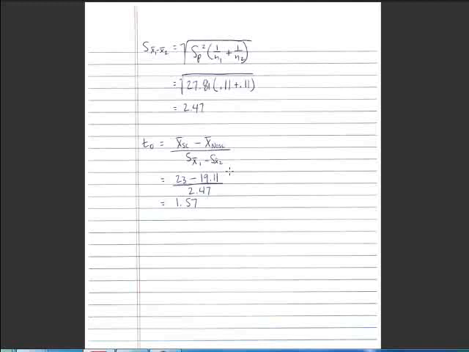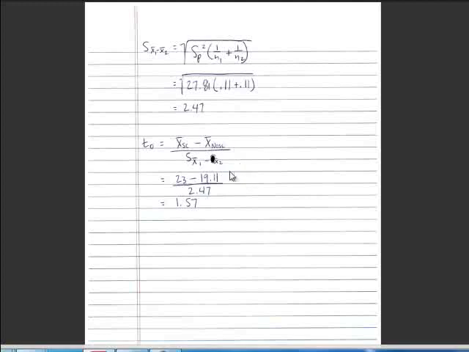And then lastly, we calculate our t observed, and our t observed is equal to x bar 1 minus x bar 2 divided by, and I see a mistake up there that I'm going to correct, but that should be s sub x bar 1 minus x bar 2. So disregard that s right there.